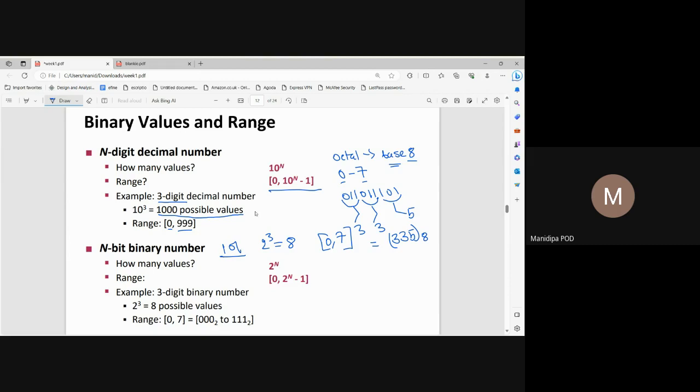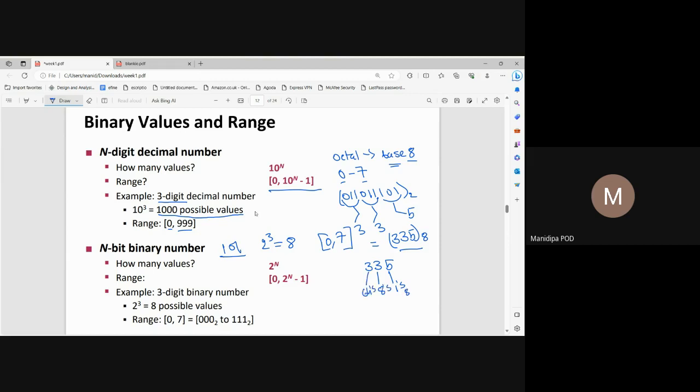If I want to convert from this 335 to the binary equivalent, I have to take the help of the decimal number system. First I will have to convert this into its decimal equivalent, then we will do the binary equivalent. So how do I convert 335 base 8 into its decimal equivalent? 5 is in the ones column, this 3 is in the 8's column, and this 3 is in the 64's column.